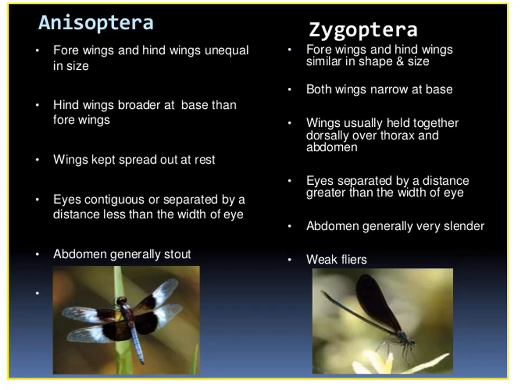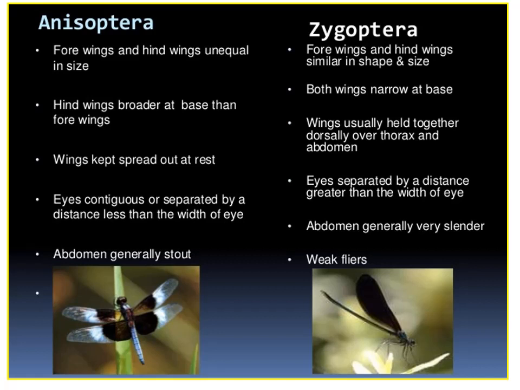Another thing is that when you see the sitting posture of both the groups, in case of the dragonfly or anisopterans, generally during the resting posture, the wings are spread out at rest. But in case of the damselfly, during the resting posture, they rest at a certain angle. They don't spread the wings at the side.